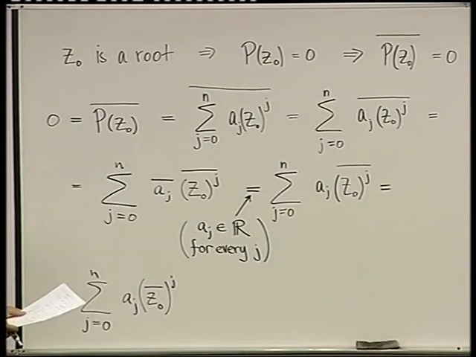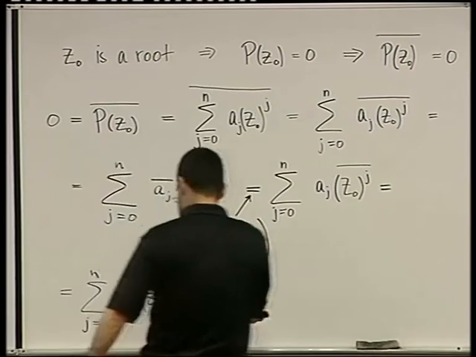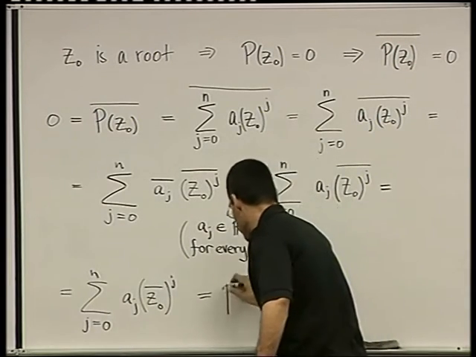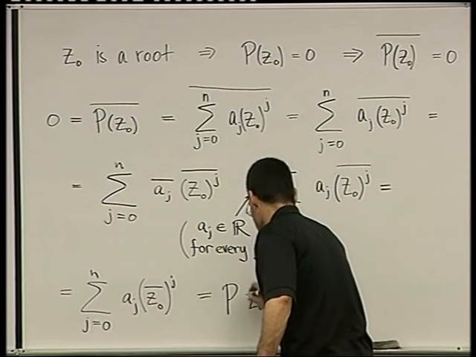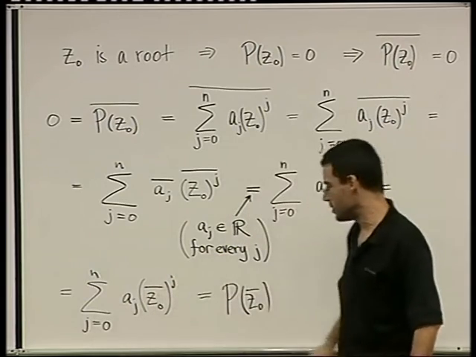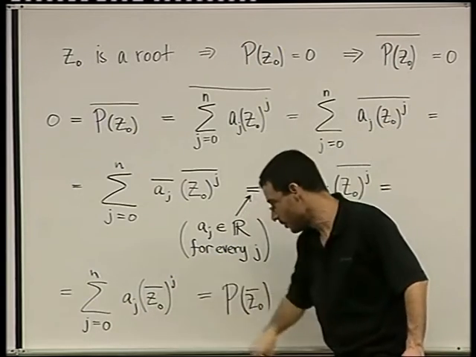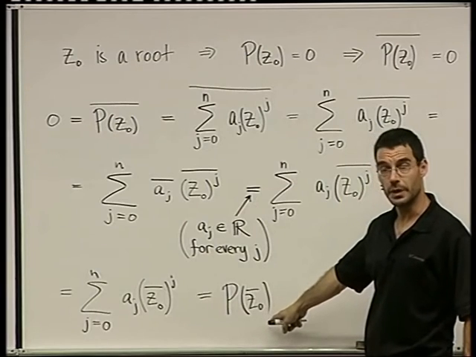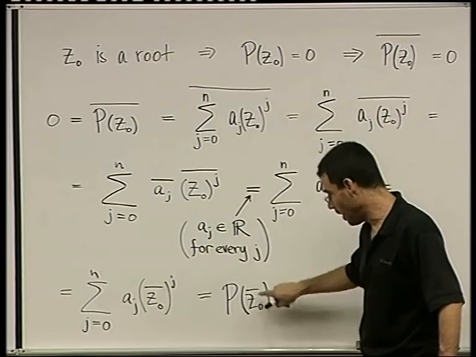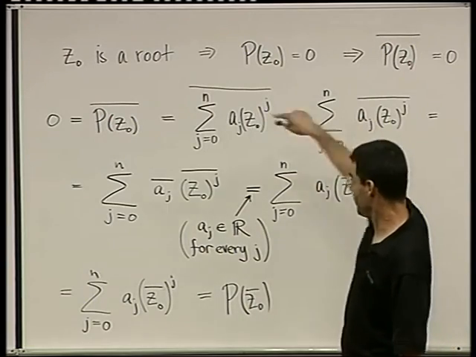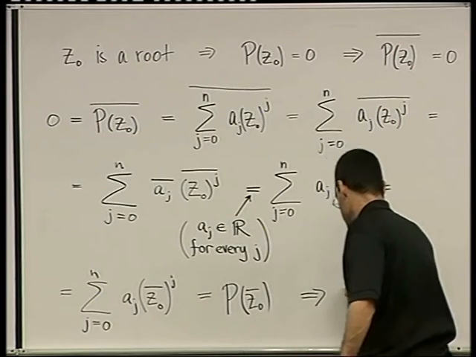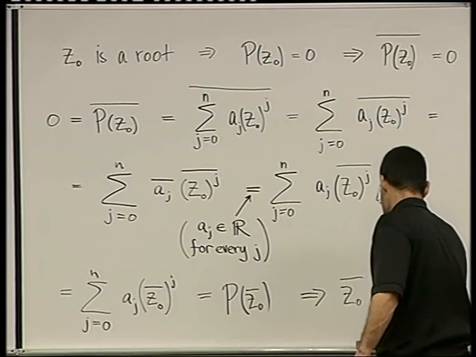Properties of the complex conjugate. And what is written here is precisely the value of p at z0 bar. P at z0 bar is taking p and plugging in z0 bar for z. Do you agree? Okay. So what we proved here is that p of z0 bar equals 0, meaning z0 bar is a root.